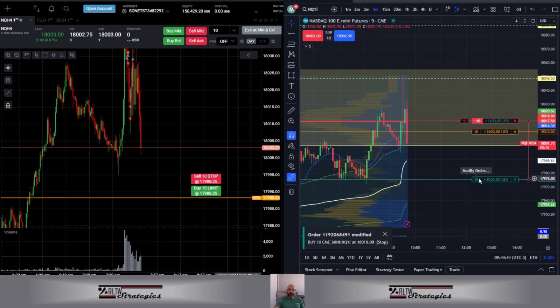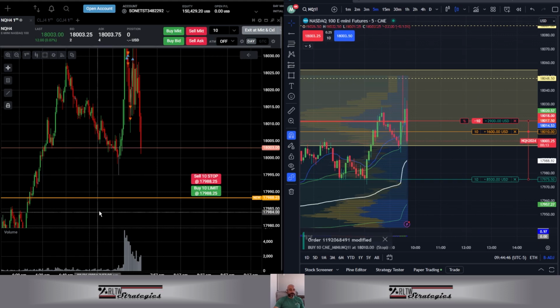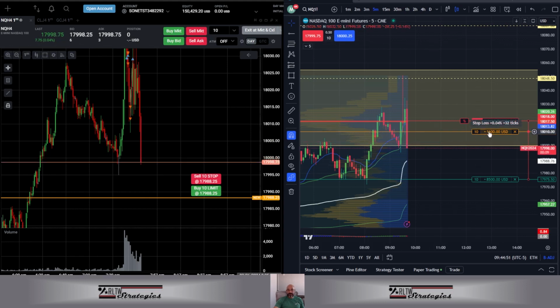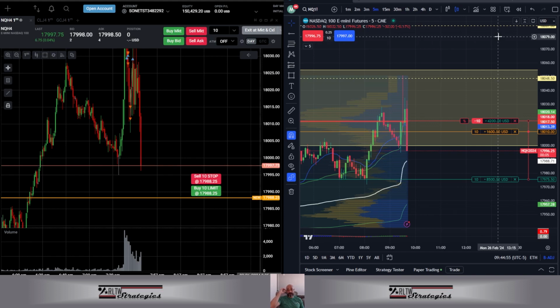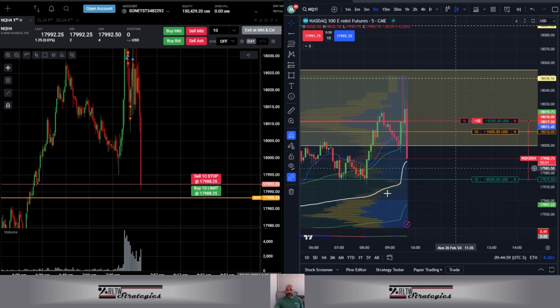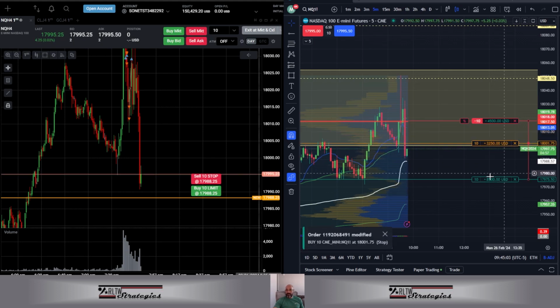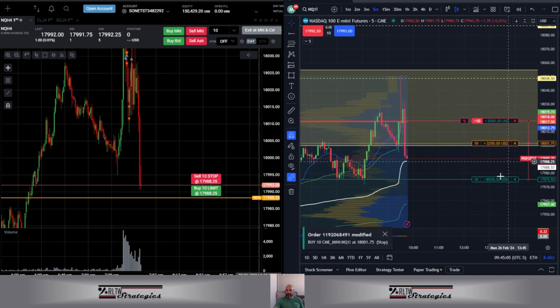I think it's going to come down to here, to the bottom of these candles. Missed out on that move. Got in too early. There we go. Let's see if it bounces off the VWAP. It broke through that box.